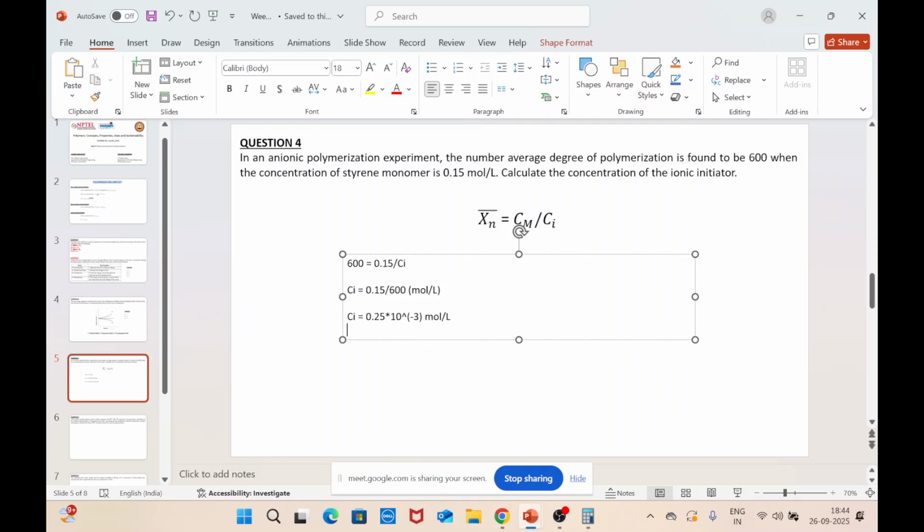So this is the concentration of the ionic initiator. As you can observe here, the concentration of the ionic initiator is going to be very much less compared to that of the styrene monomer that we are taking.